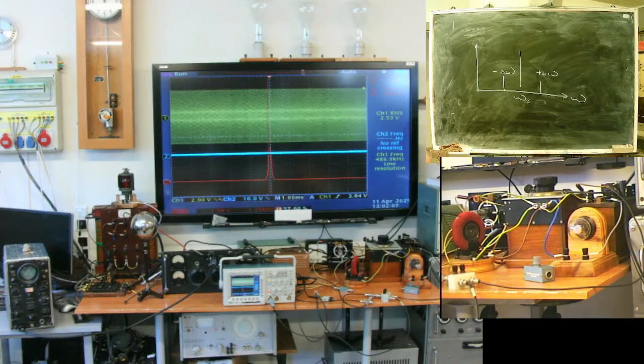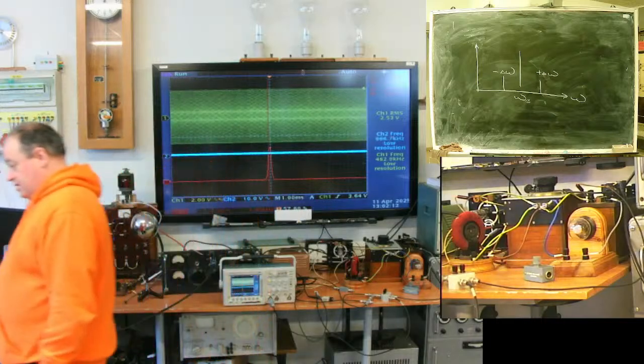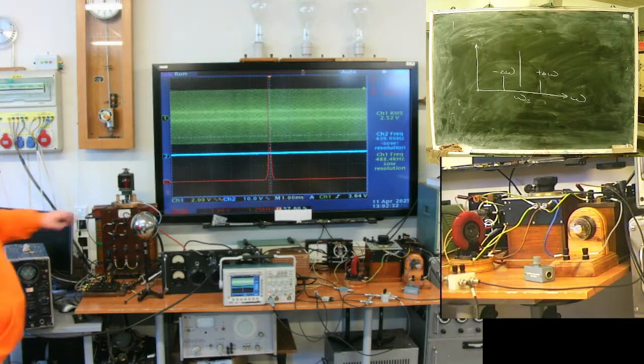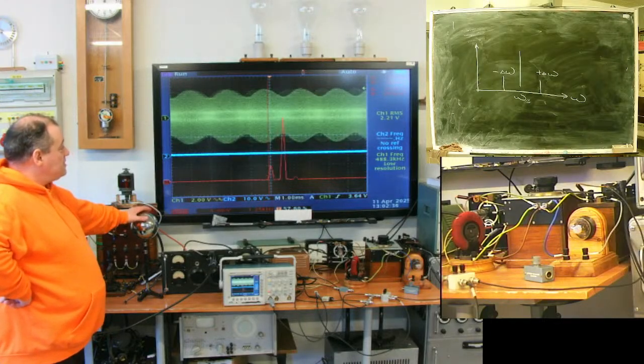If you open your trigonometry book, you will find the formula for the sum of cosines. And you will see alpha plus beta and alpha minus beta. Here it is plus delta omega, minus delta omega. You see the spectrum?